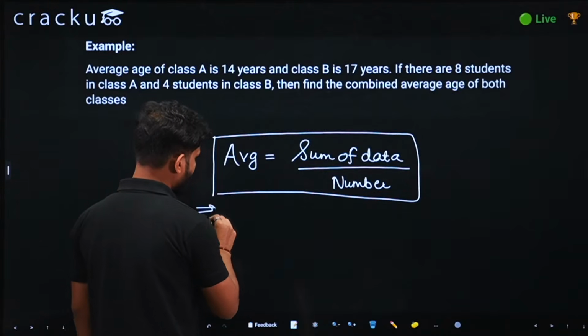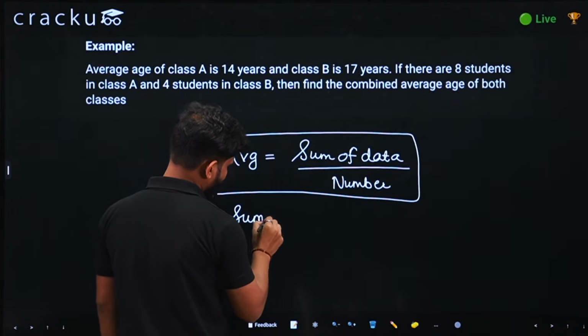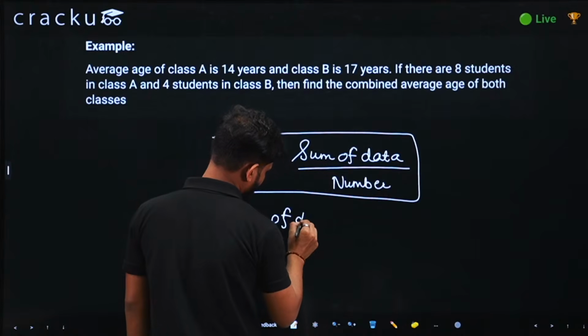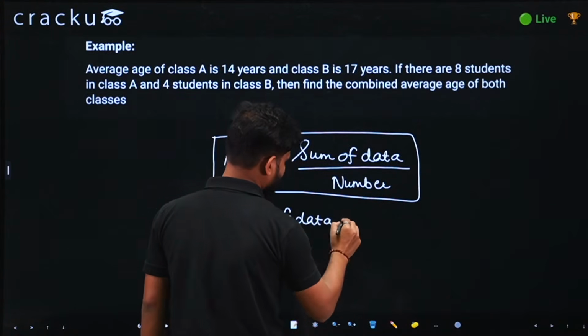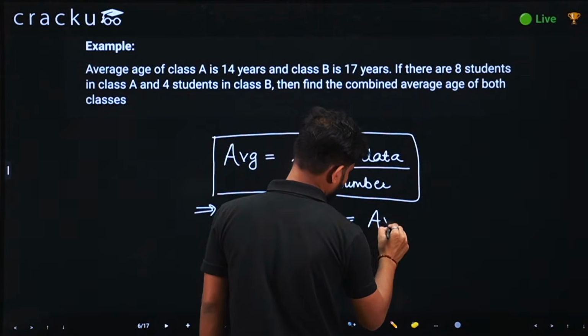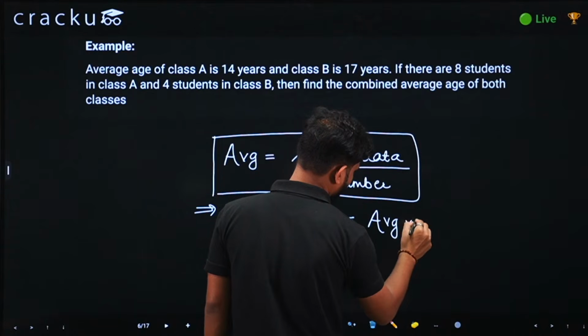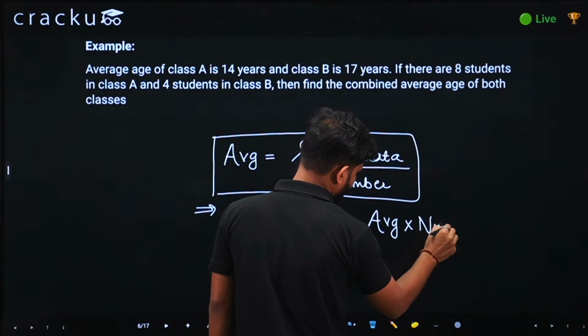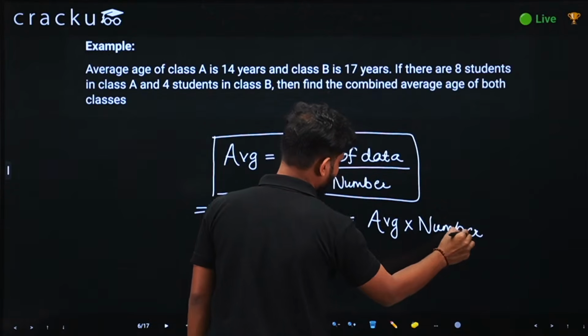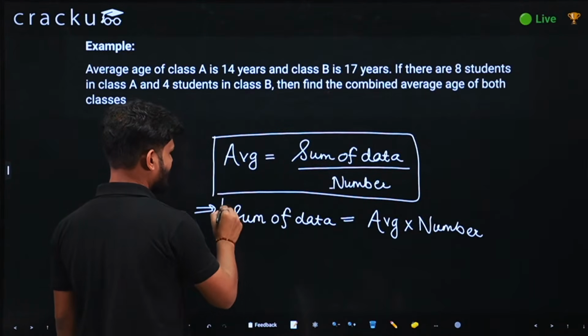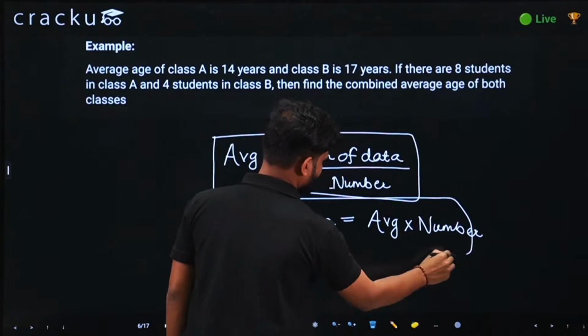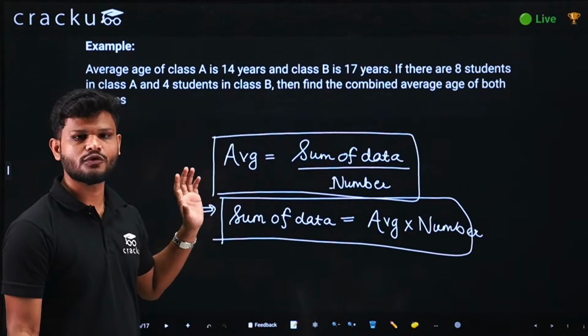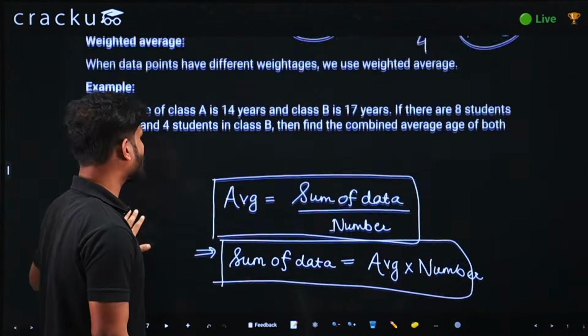Sum of data points is nothing but average into number of data points. Just multiply this number to the left hand side. This is also an important formula. We will use both of these formulas in our questions.